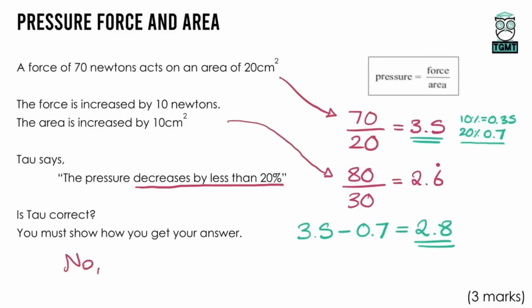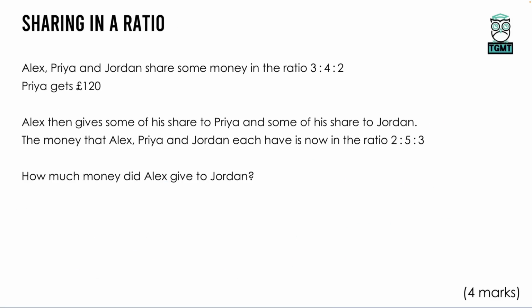No. You could say it decreases by more than 20%. There you go, by more than 20%. We don't need to say what the exact percentage is. It doesn't ask us that, it just says is he correct or not. We've done the working out, we've shown that it decreases by more than 20%, so it's fine just to make that statement at the end.